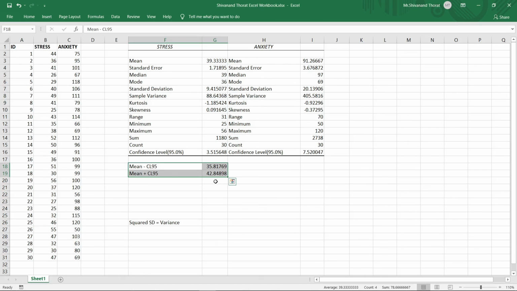And you can state that the mean will fall within this interval 95% of the times.